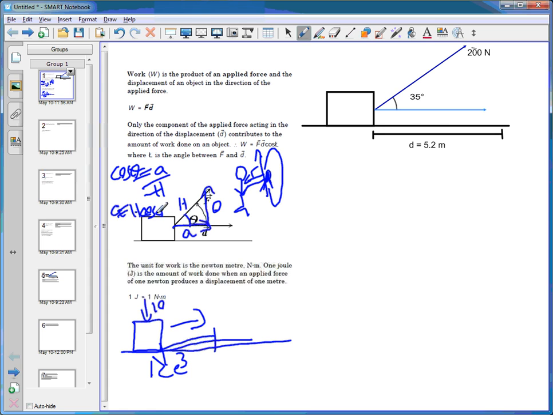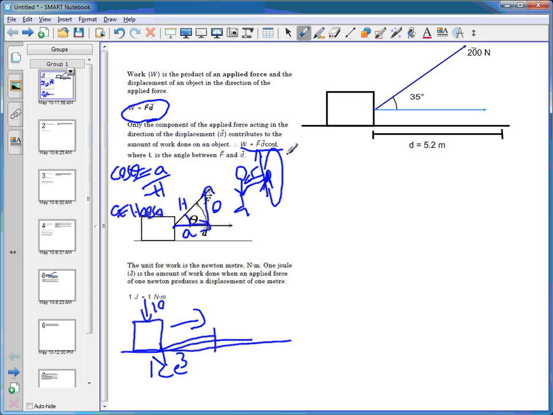In this case, the hypotenuse is the force that is applied. So the force in the direction of the box is equal to the total force times cos of the angle, which is why this equation becomes this equation. So that you can actually see it, so the pen's not over it, it becomes this equation here, F D cos theta.